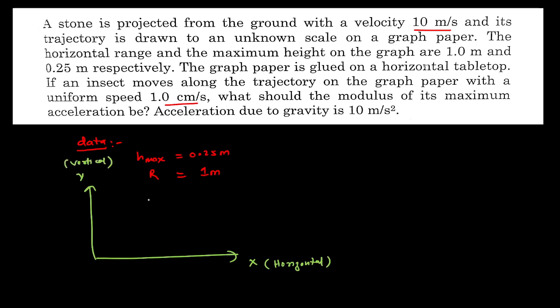So by considering this is a graph sheet which we already have, and we have plotted this projectile motion data onto this graph sheet, first let's visualize how projectile motion is happening in this situation. 10 meter per second is the speed with which we are throwing at some unknown angle. We don't know what it is. So if g is 10 meter per second square acting downwards, then we know that this particle will follow a parabolic path and it will hit somewhere here.